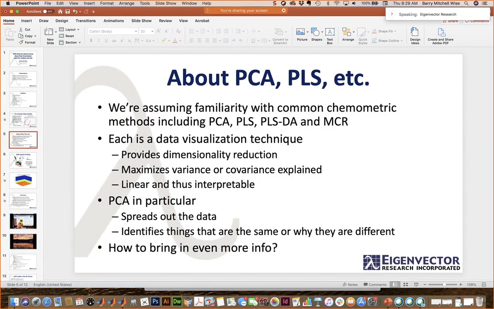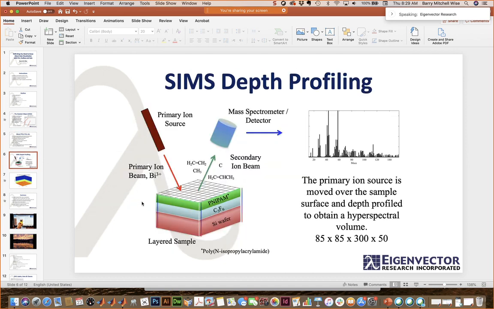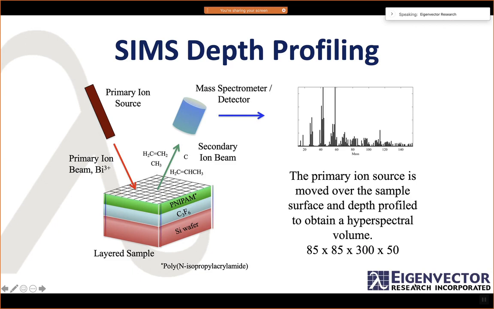Okay, I'm gonna leave with just one quick example from the slides here. This is an example data set of SIMS depth profiling, where we have a surface with what they call PNIPAM on it, which is poly N-isopropyl acrylamide on a C3F6 surface on a silicon wafer.